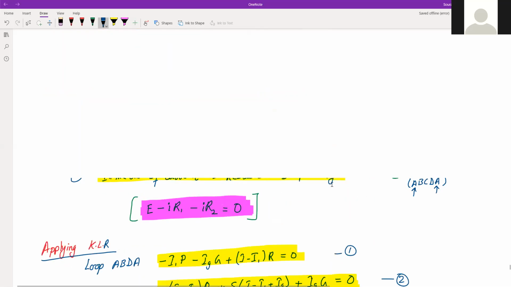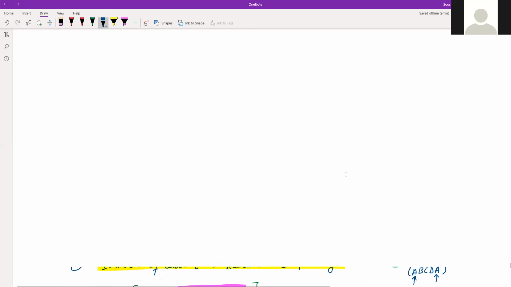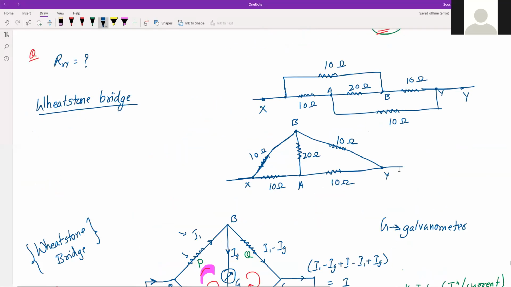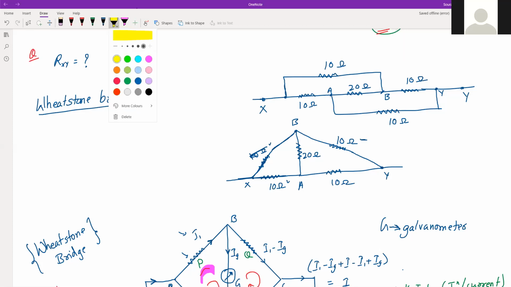Now see the question which we have left. The question had 10 ohm resistances. Here, if you see, this was 10 ohms, this was 10 ohms, this was 10 ohms, and this was 10 ohms.